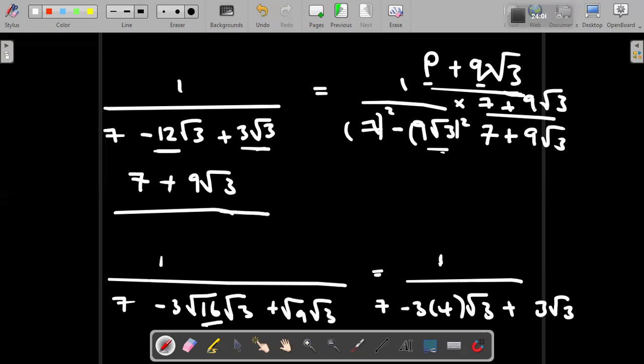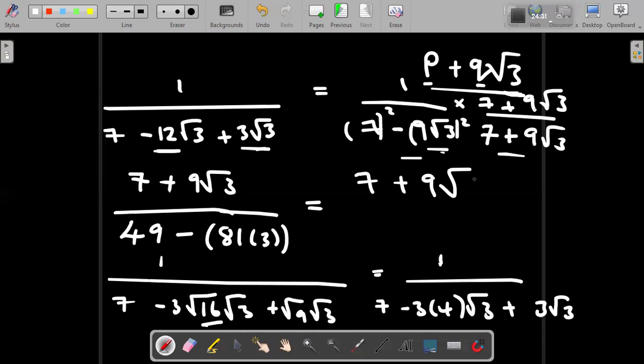When you square 7, you get 49. Then when you square 9, you get 81. Here when you square root of 3, you just get 3. Then I have 7 plus 9 root of 3 divided by 49.